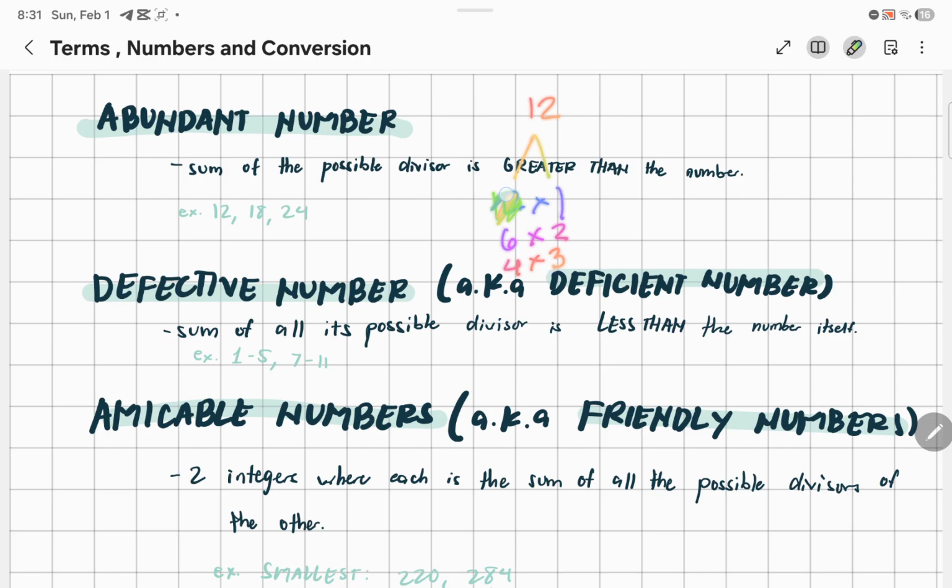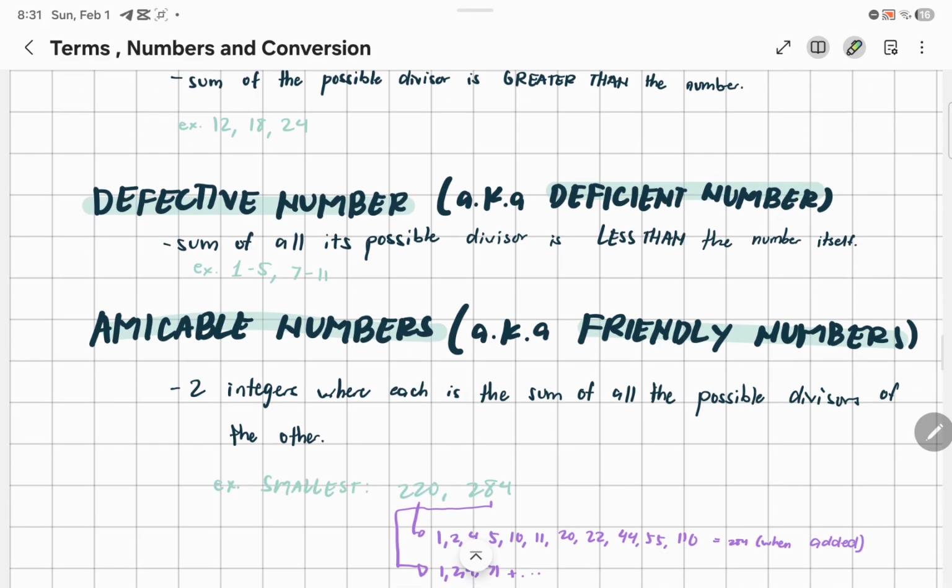We will omit itself. So 1 plus 6 plus 2 plus 4 plus 3 is equal to 16. 16 is the sum of all its possible divisors. Therefore, it's greater than the number 12 itself, so it is considered an abundant number.